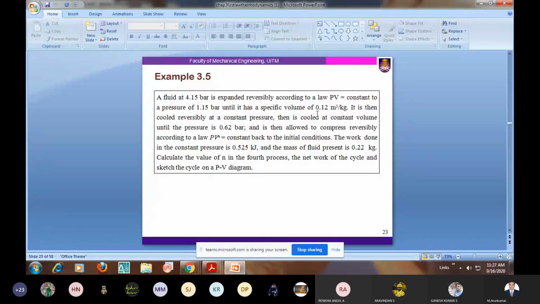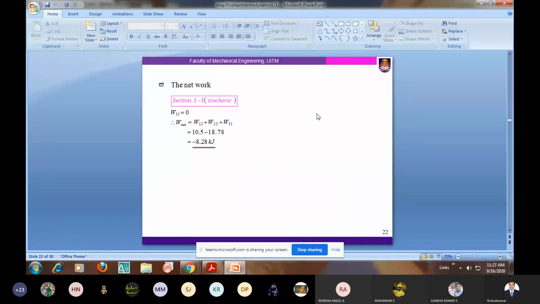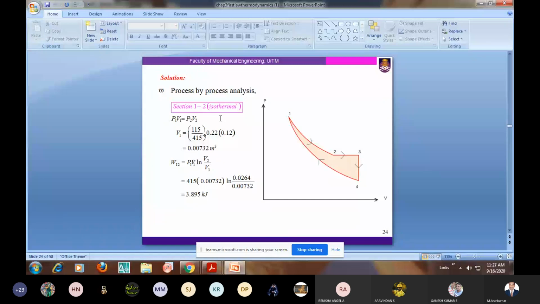So we can get the volume V1. Then if you have the V1 value, we can calculate the W value by using this formula. The W for an isothermal process is P1 V1 ln(V2/V1).